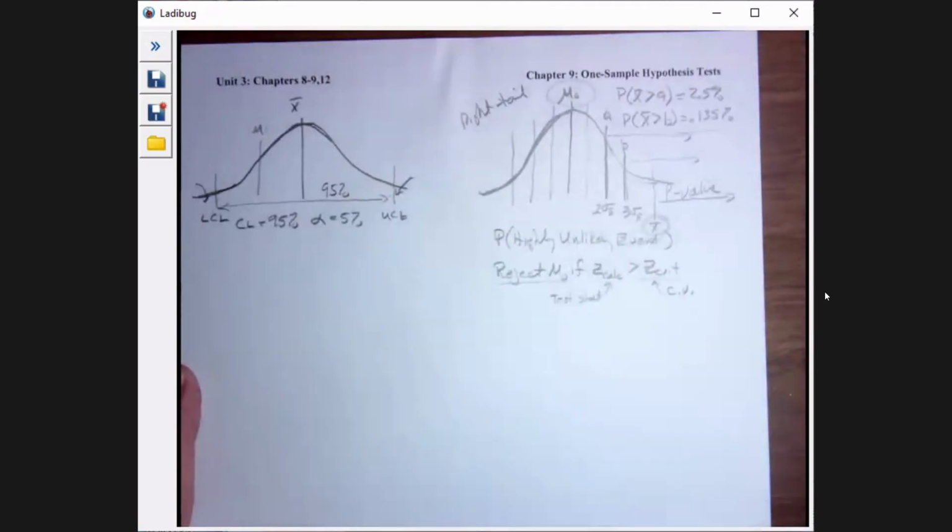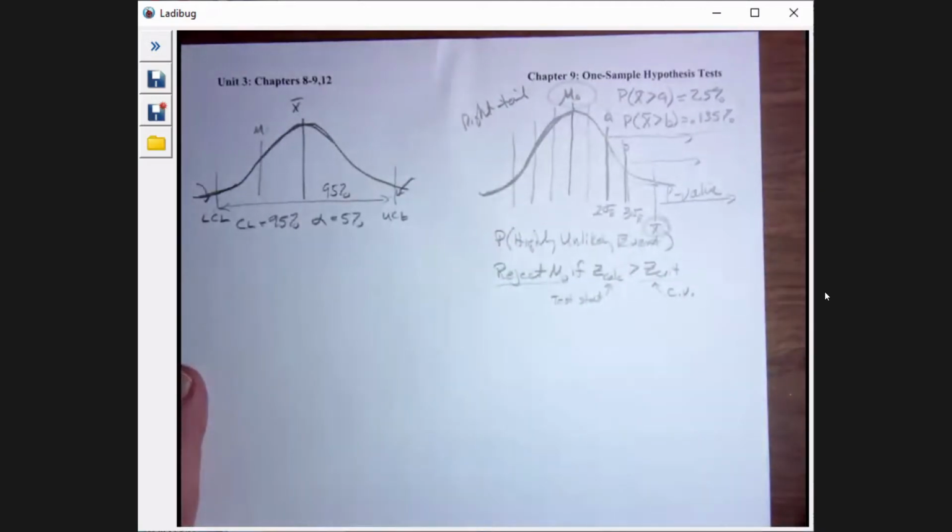And so there's non-zero area there, although it gets really small really fast.